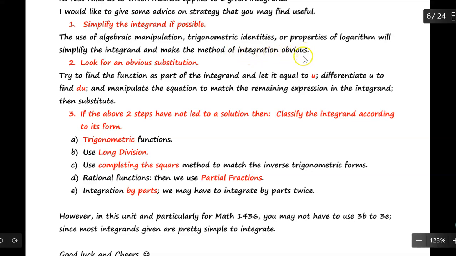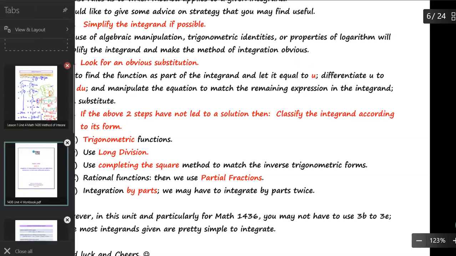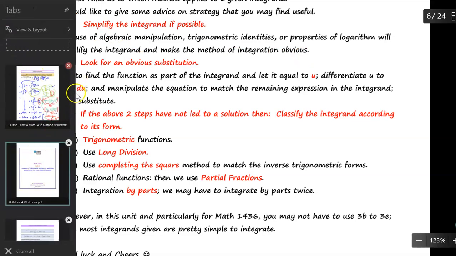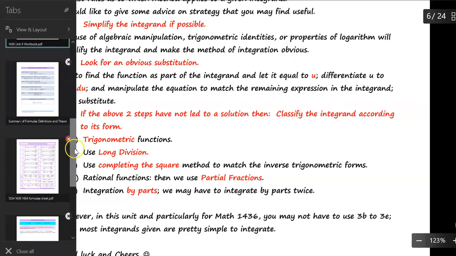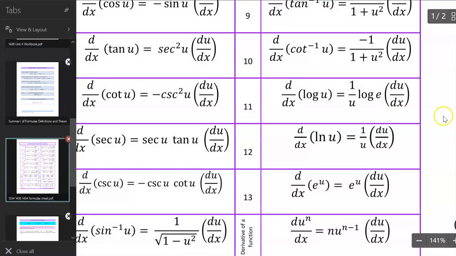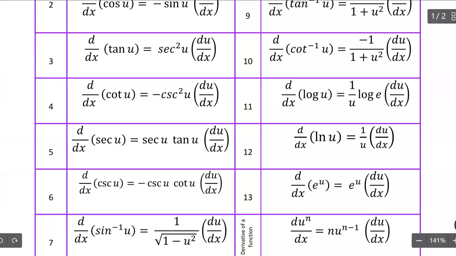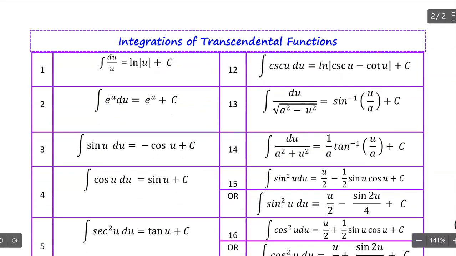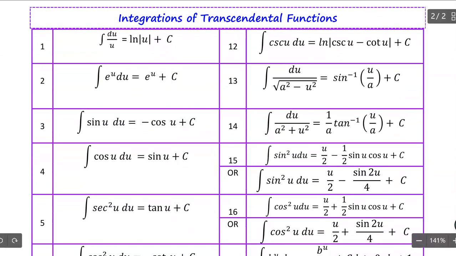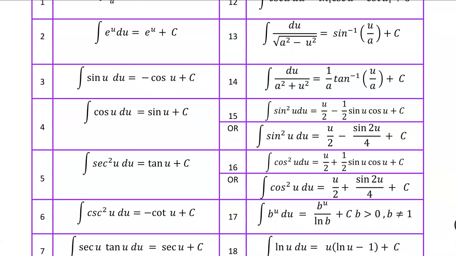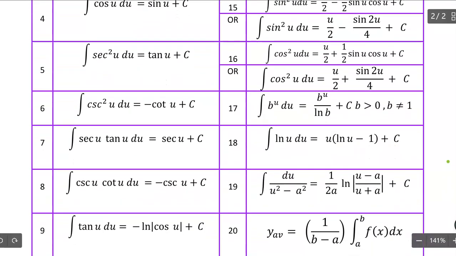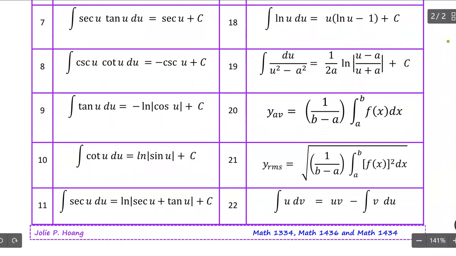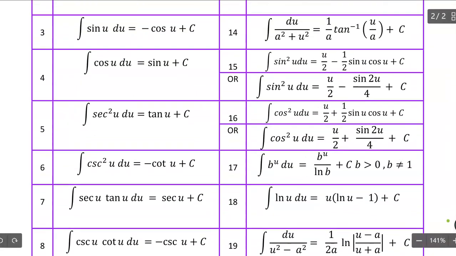So what is the method of integration? It involves all the formulae that I'm giving you on this piece of paper here. I give you 2 pages for integration of transcendental function. So you have to look for what formulas actually apply to your integrand.